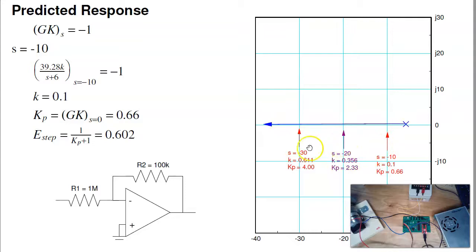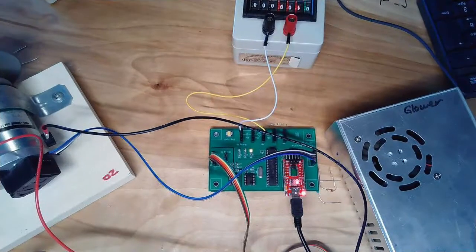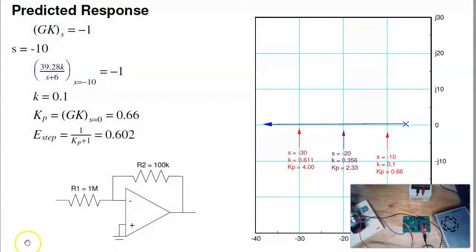As I pick a different spot on the root locus, I can calculate the gain that I need. And once I find K, I can implement it. So here's an op amp circuit. That op amp circuit is right here. I'll use a decade resistor box for the second gain. That way I can adjust it.